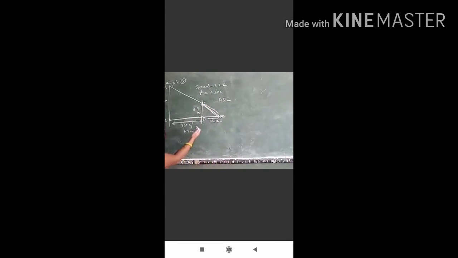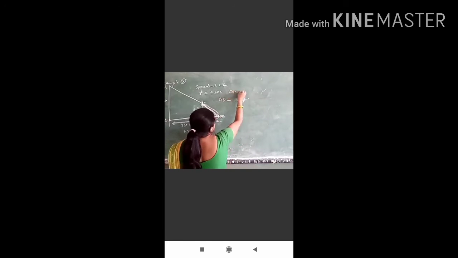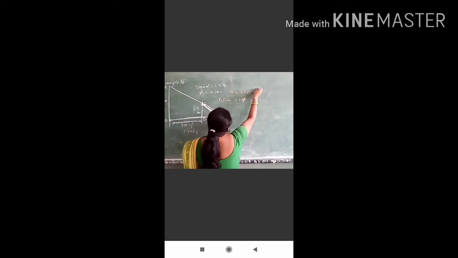Anybody have an idea how we can find BD? The time is there and the speed is there. How can you find BD? That means distance. Distance is equal to what? Speed into time. Distance is equal to speed into time.